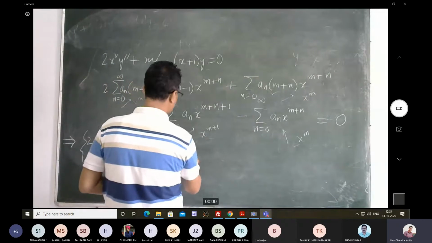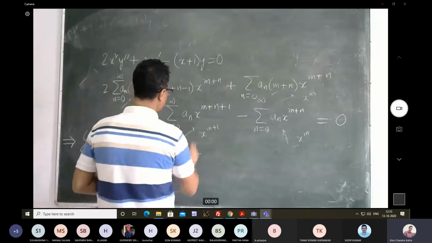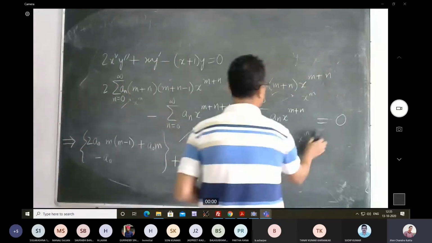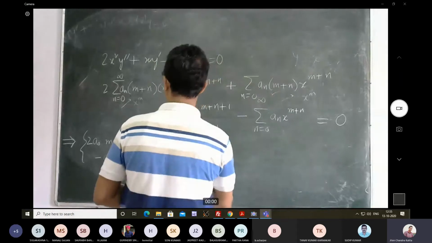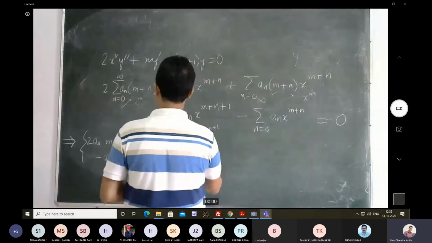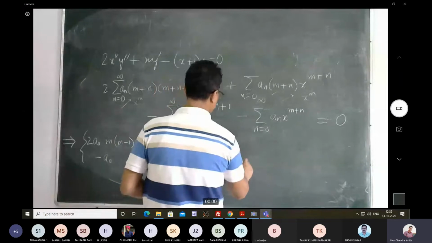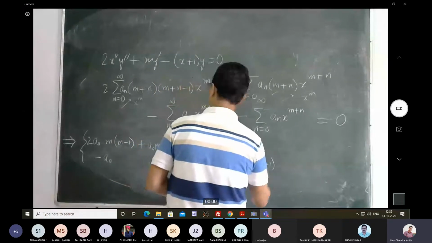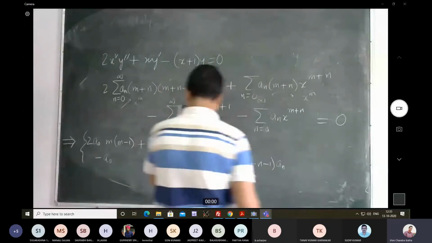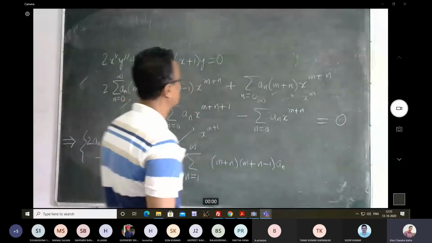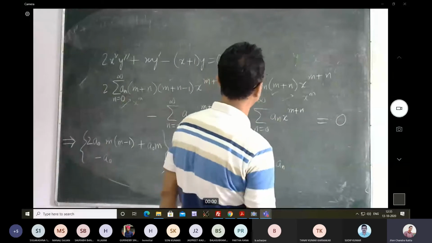So if it starts from n equal to 1 to infinity, then this one is m plus n into m plus n minus 1, then an. And for this one, again, it is going to start with n equal to 1.